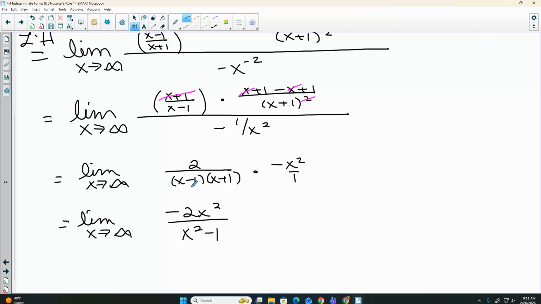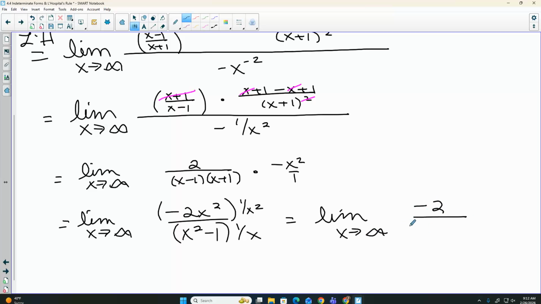Oh, 1 over the highest power? 1 over the highest power of x, you could take everything times 1 over x squared if you wanted. Or you could do L'Hopital's rule a couple times. So I get negative 2 over 1 minus 1 over x squared. So that's negative 2 over 1 minus 0, or negative 2.